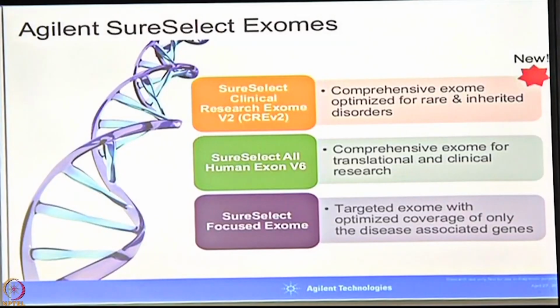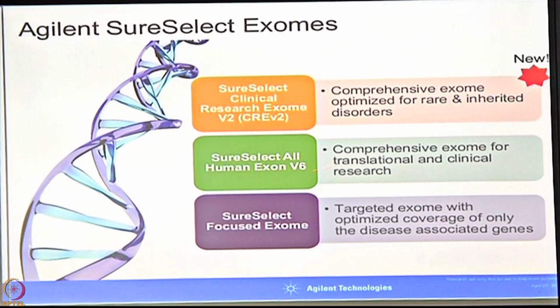Most of the rare diseases are now studied with this panel, which is called the clinical research exome panel. This exome panel contains all the exon regions and also covers the intronic parts of the region associated with inherited disorders.